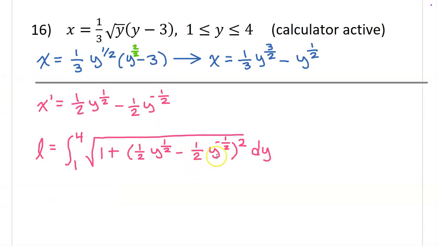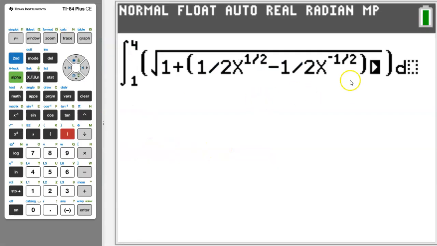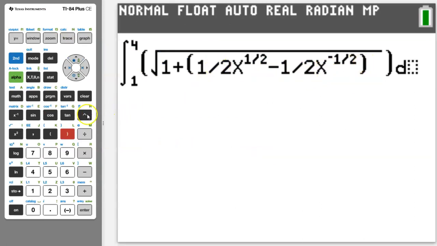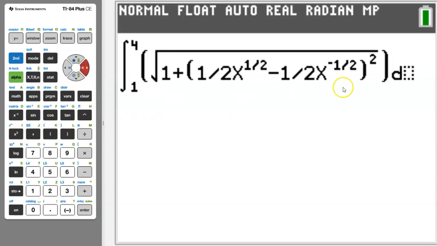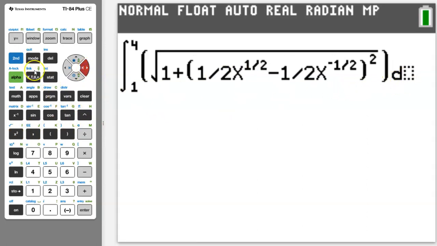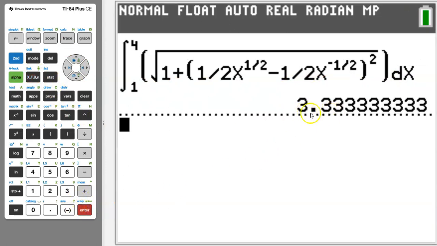Then we have minus 1/2 y to the negative 1/2 power. Again, we have to use x instead of y. And then all of this is squared. And finish it off with a dx, which we have to use instead of a dy. And that's it. So the answer is 3.333.